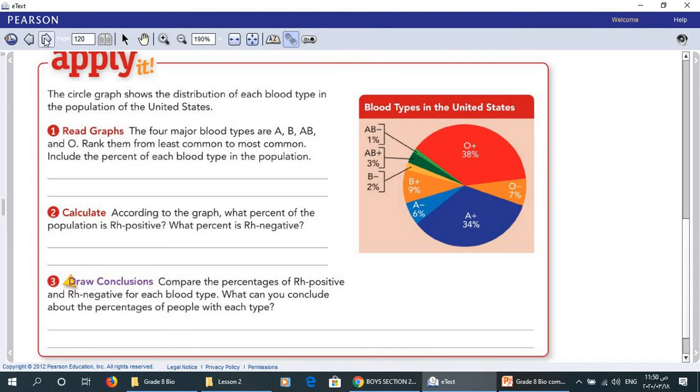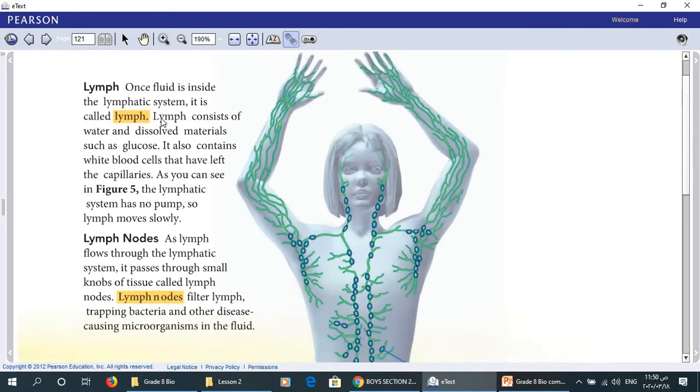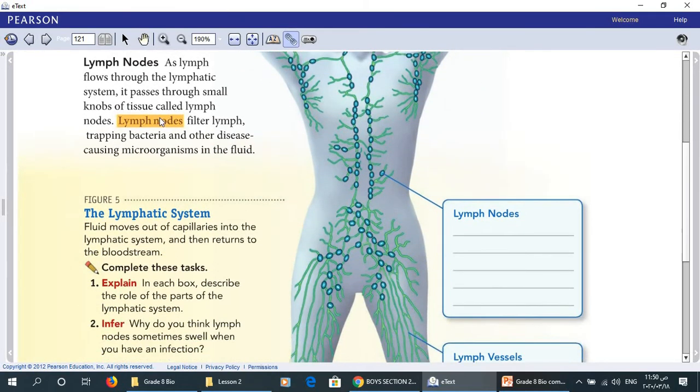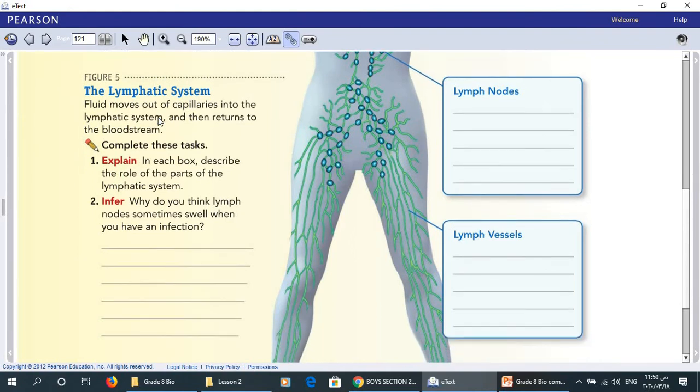Next. The question says here, in each box describe the role of the part of the lymphatic system. Lymph nodes filter out bacteria, or I can say the answer, they catch bacteria in lymph.